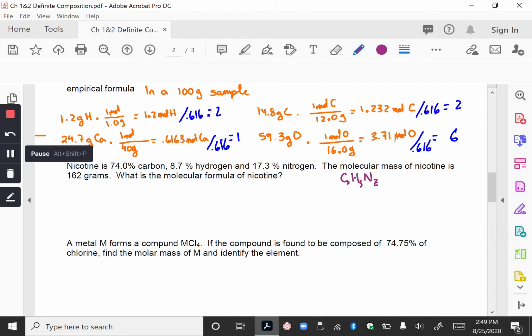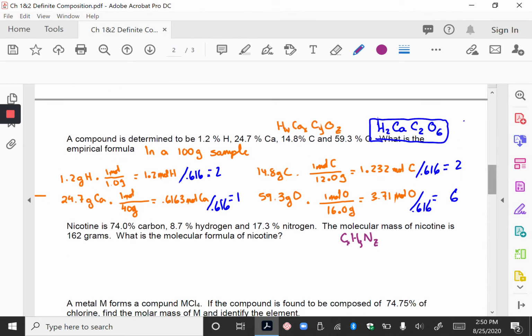So I actually have 2 different ways of doing this problem here. The first way is to do it the same way as we did this above problem. We're given percentages, so we said, well, we're going to look at a 100-gram sample.